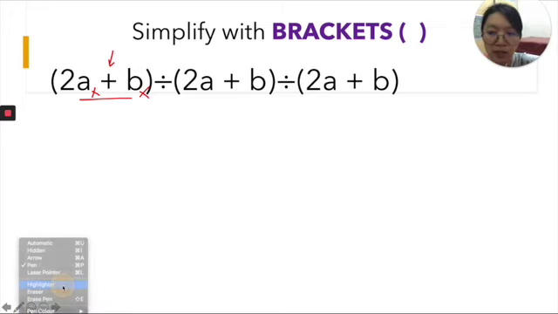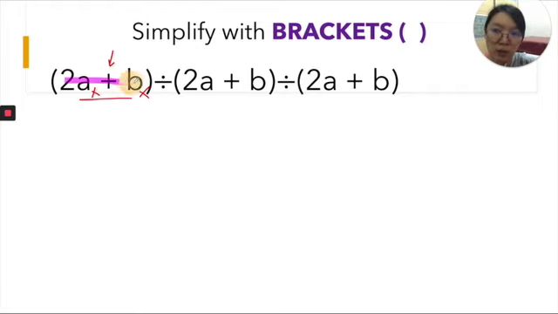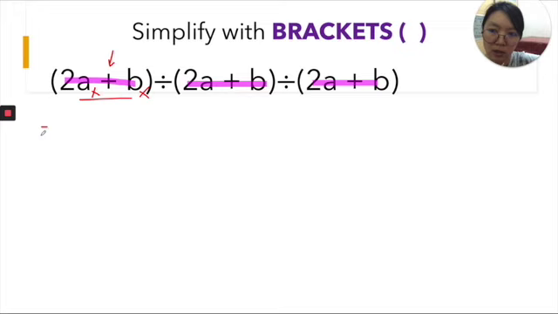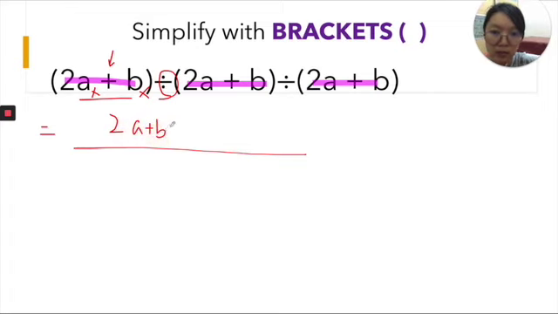When you look at it from the entire bracket, you will find out that 2a plus b, 2a plus b, 2a plus b, they are all the same. So I'll put it in the divide form first. Divide means there is a divide line. Whatever comes first on top, 2a plus b, bracket. After divide, there is 2a plus b at the bottom.